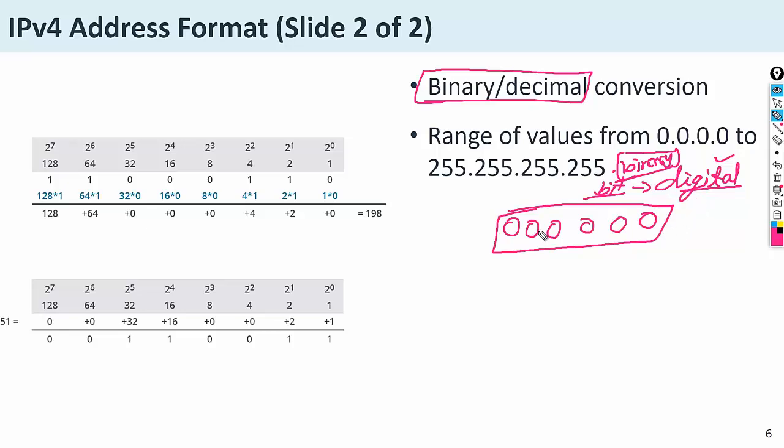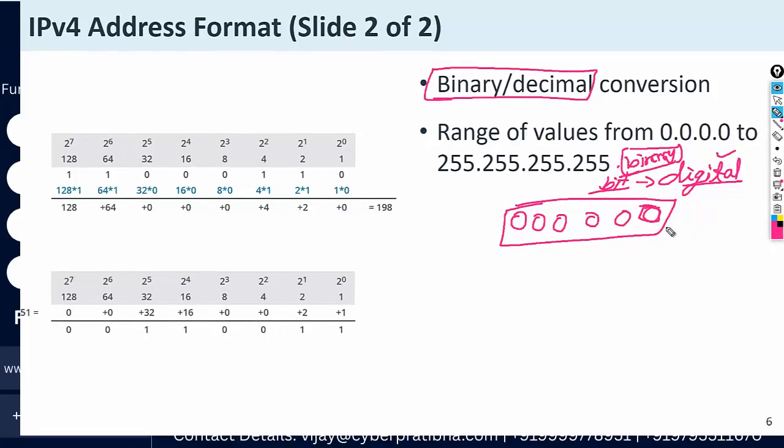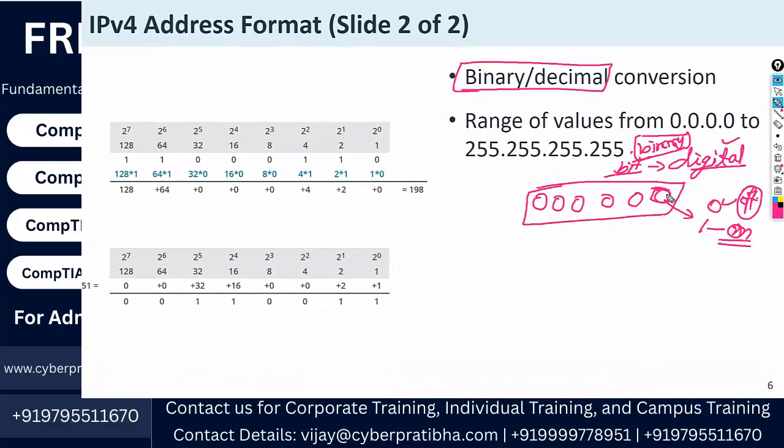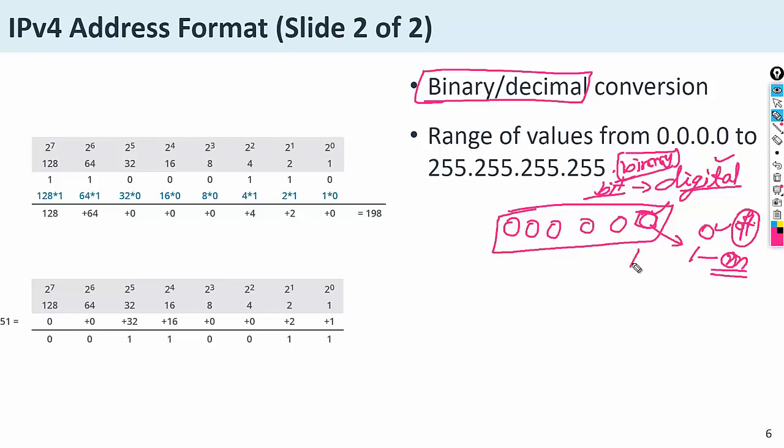A binary number means there is one block, and it may be either 0 or 1. 0 means off, no value. 1 means on, has some value.